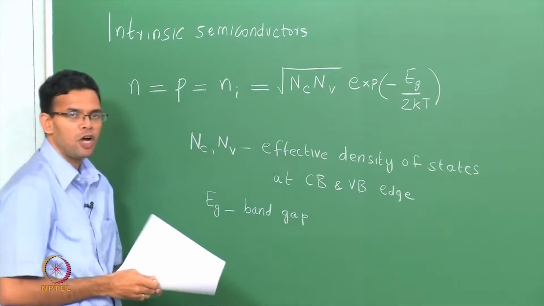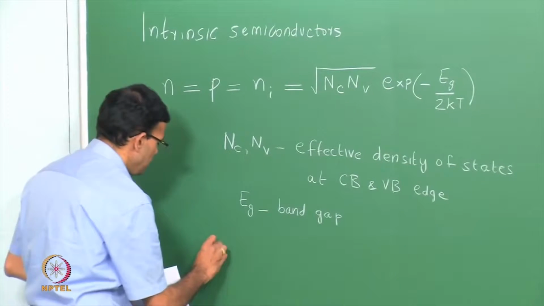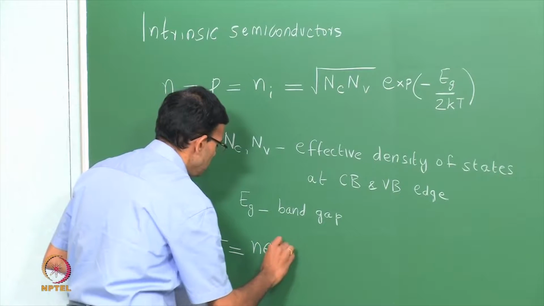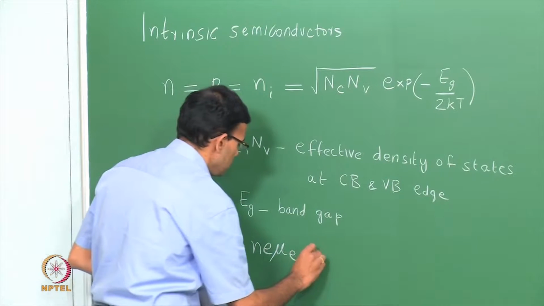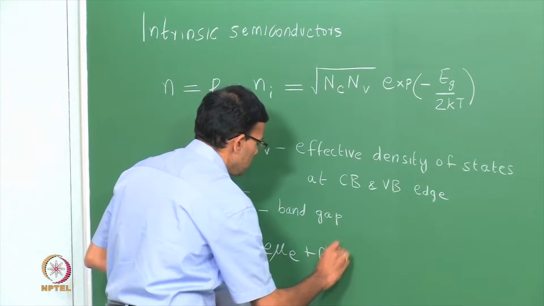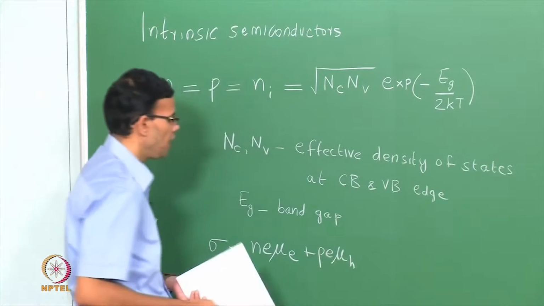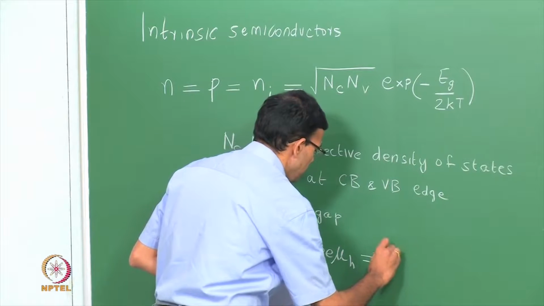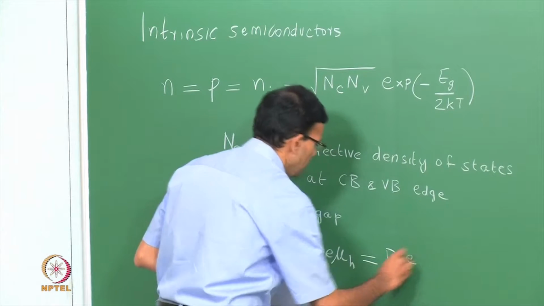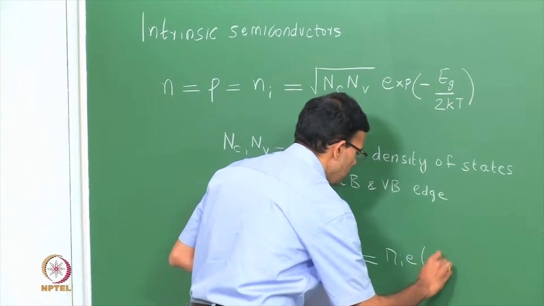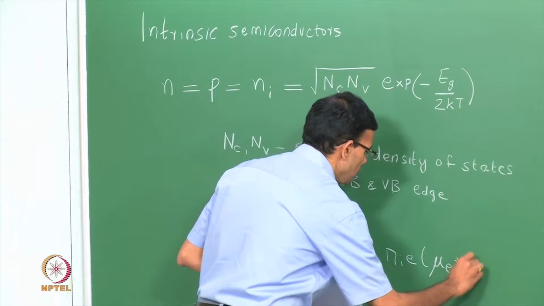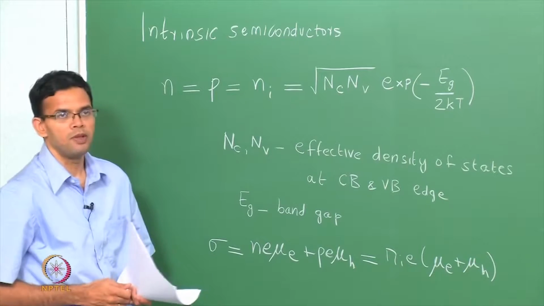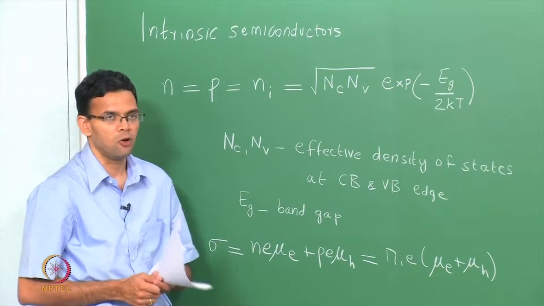We also wrote down an expression for the conductivity sigma as n e mu_e plus p e mu_h. In the case of an intrinsic semiconductor where n is equal to p, this simplifies into n e (mu_e plus mu_h). Mu_e and mu_h are the mobilities of the electrons and the holes.